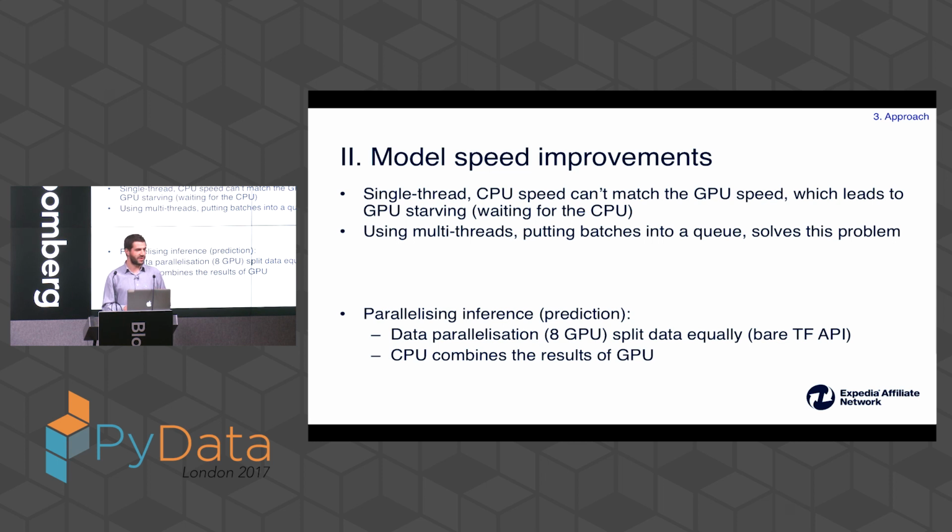So basically, we multi-threaded that part of the code. And on the inference part, we did some data parallelization because this is our main bottleneck. We have 10 million images that were taking like a week to score. So this actually improved to 1 day.